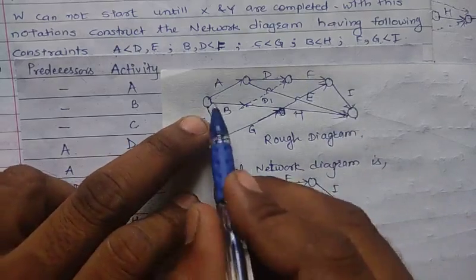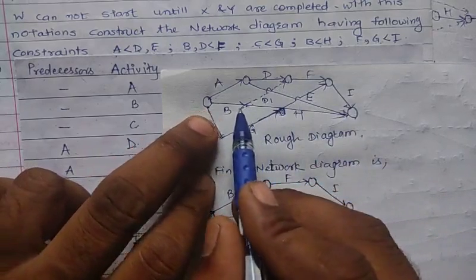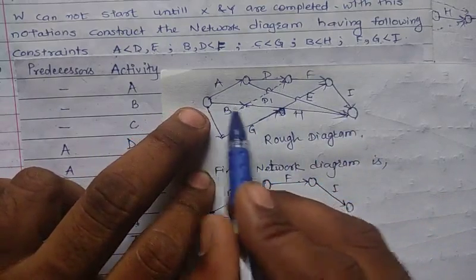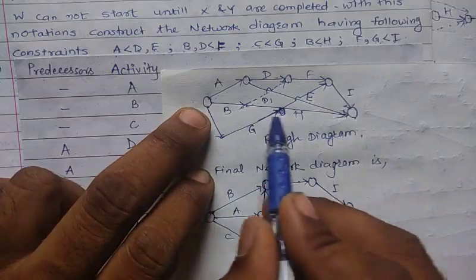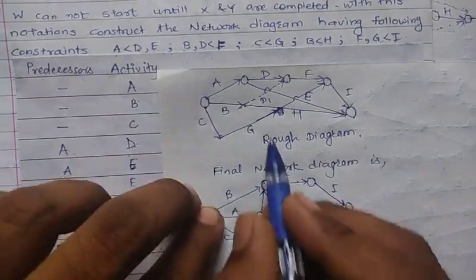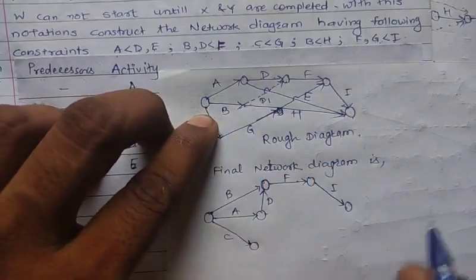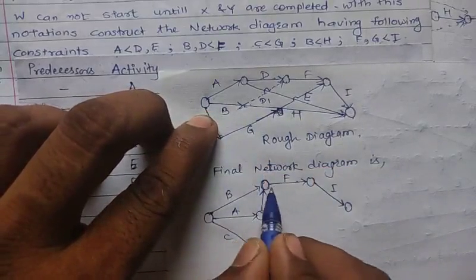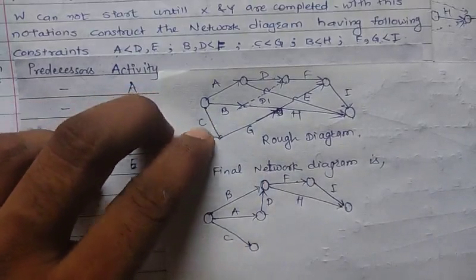Now next, B goes directly to F and also B goes to H. So B goes to H and H is the last activity.